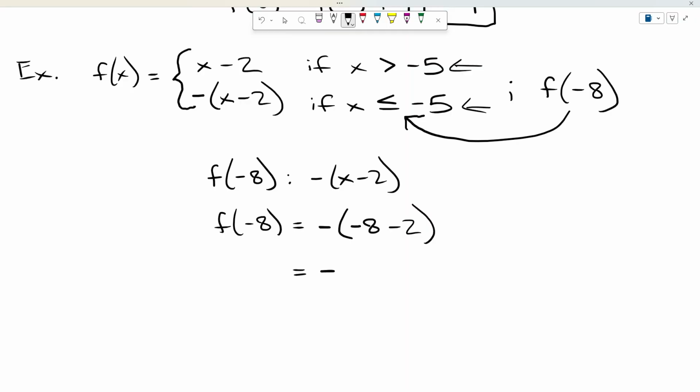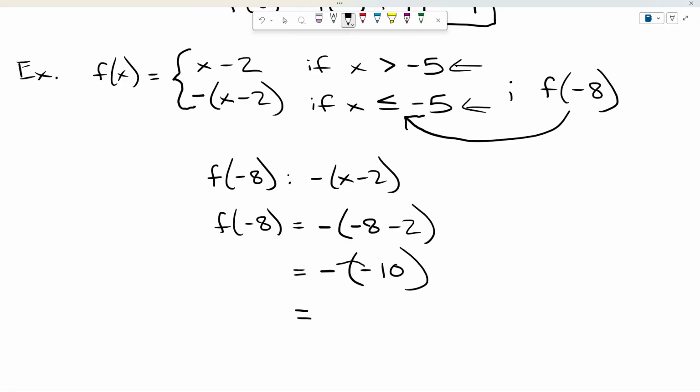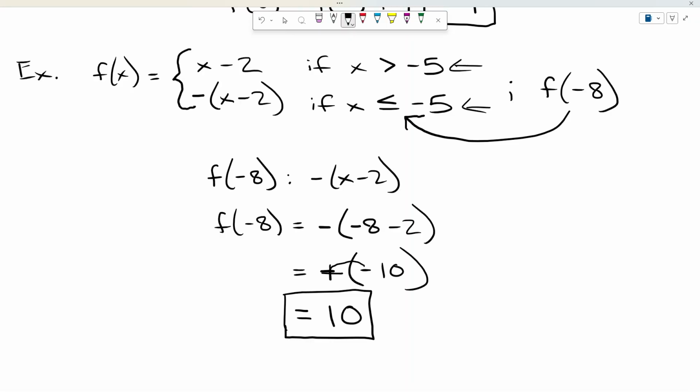So we have negative, and then in the parentheses, negative 8 minus 2 is negative 10. And here we have a negative 10, so we have a double negative, so those come together and make a plus. So we'll end up with positive 10 as our final answer. So f of negative 8 is equal to 10 in this case.